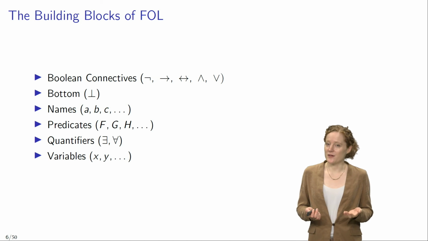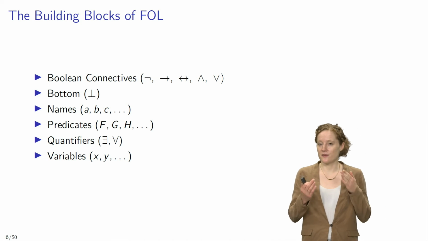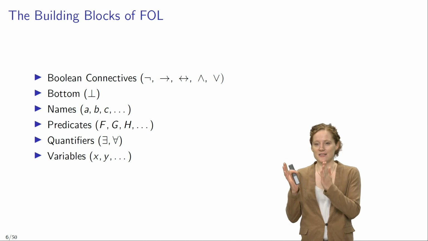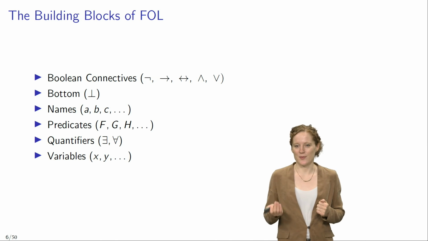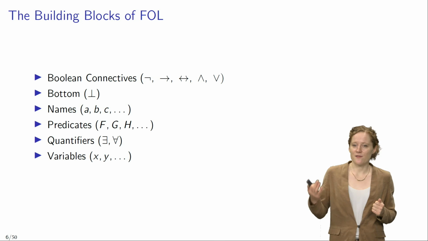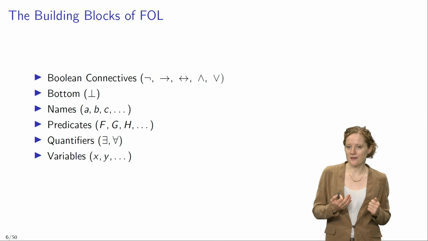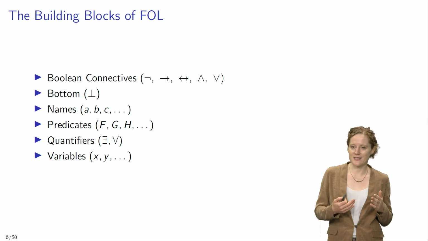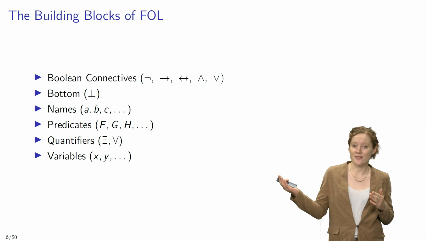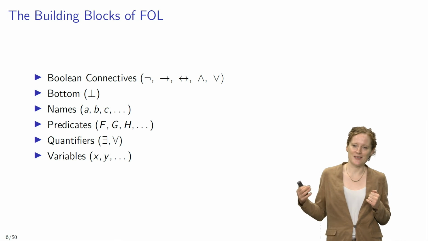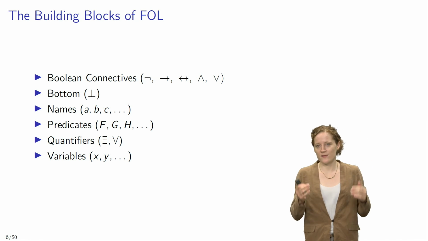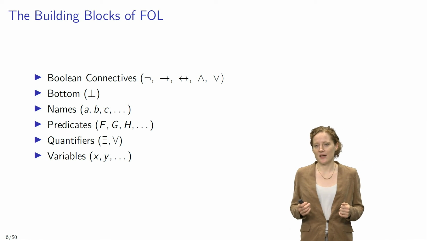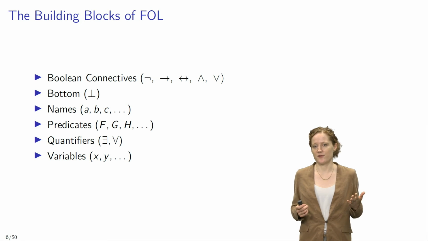And then we have quantifiers, in particular the reversed E and the upside down A. I'm going to explain more what these are in just a couple minutes. And we have variables. And variables are going to be represented by lowercase letters taken from the end of the alphabet. So X, Y, Z, and so on and so forth. Now, this is just an overview. I will talk about most of this in more detail in what follows.